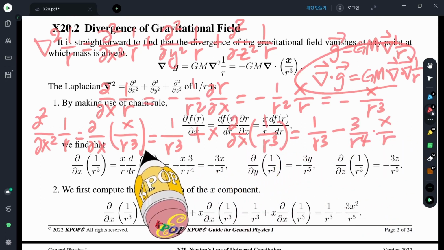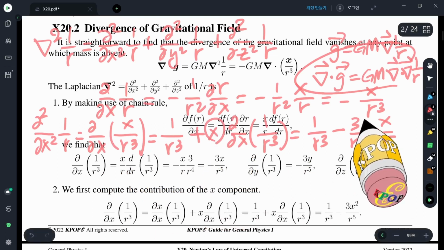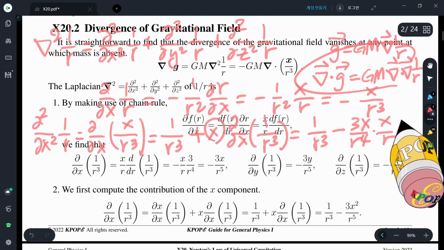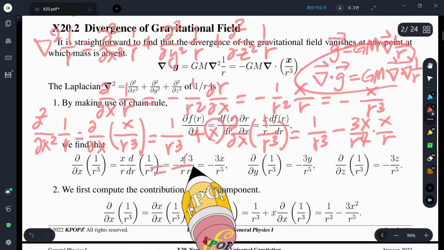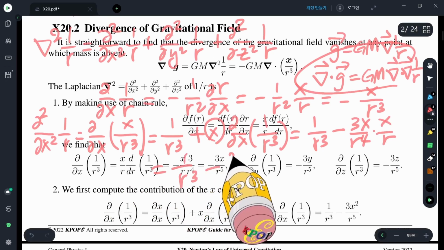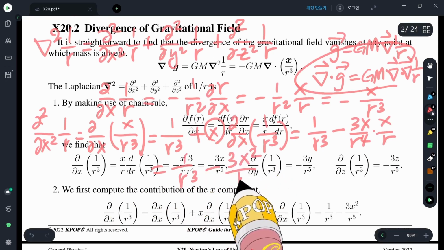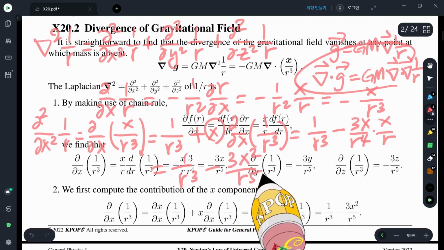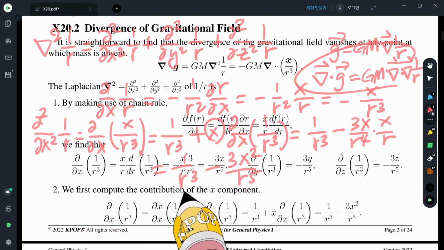So x squared is there, and we get 1 over r cubed minus 3x squared over r to the 5th power.